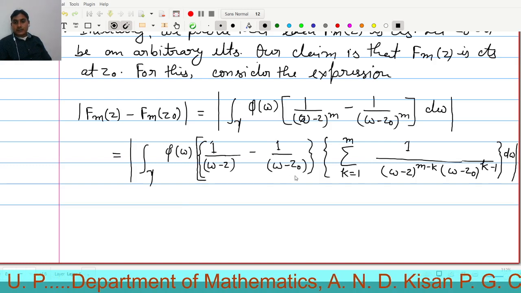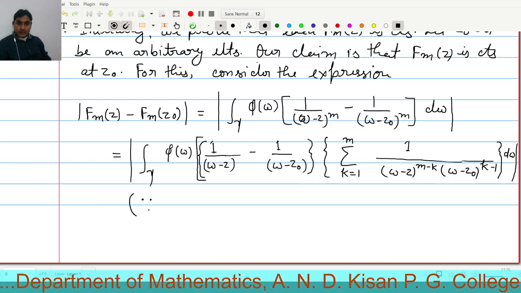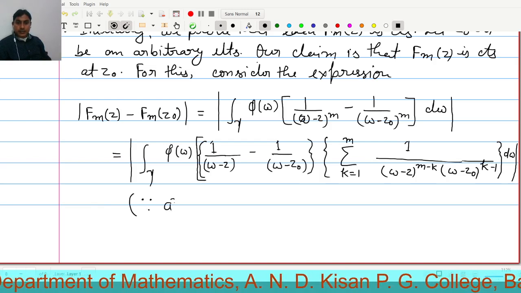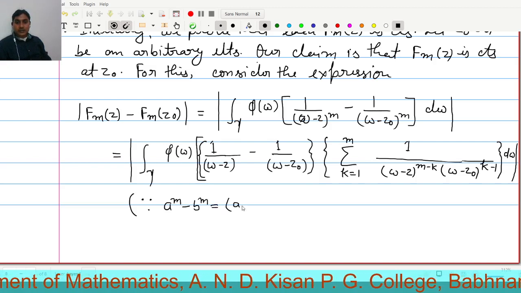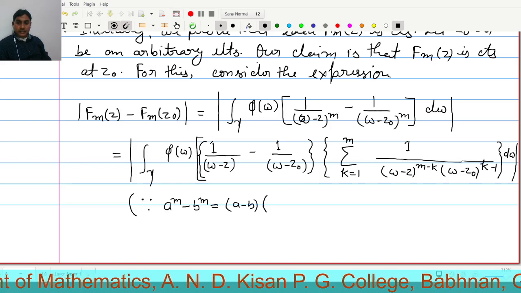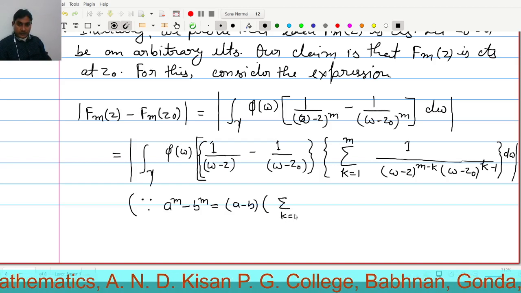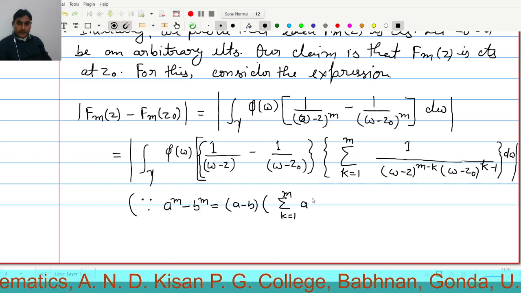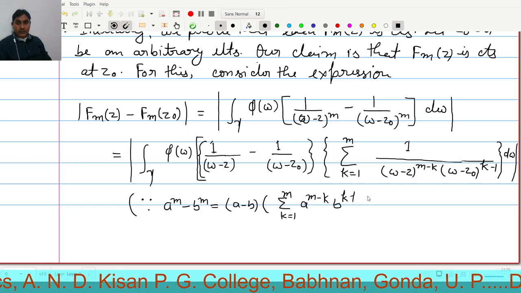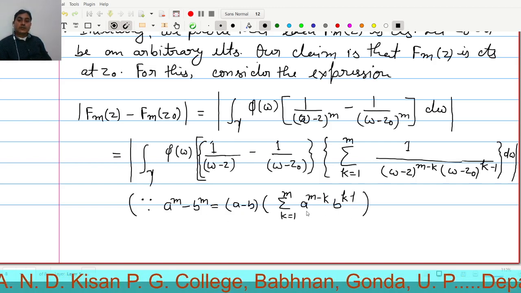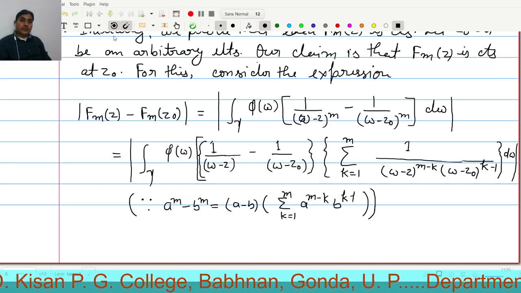Here I'm giving the reasoning: a to the power m minus b to the power m is nothing but (a minus b) in one bracket, and in another bracket you have the summation k from 1 to m of a to the power m minus k times b to the power k minus 1. So we have used this particular result.